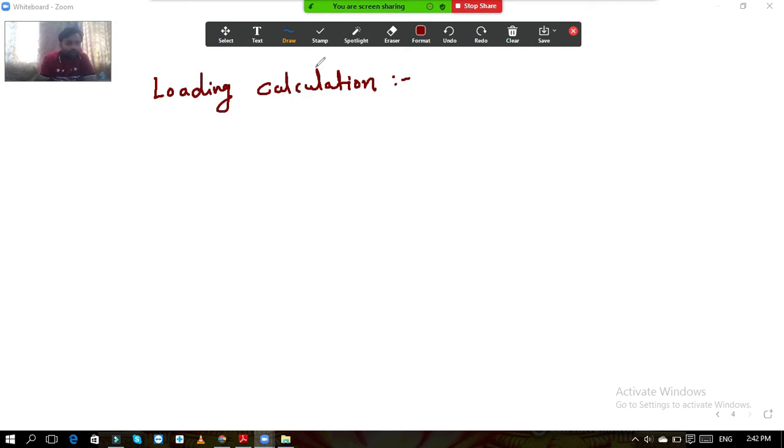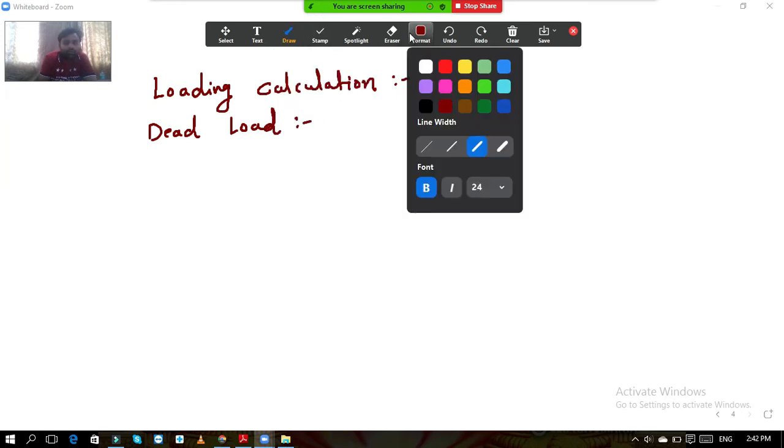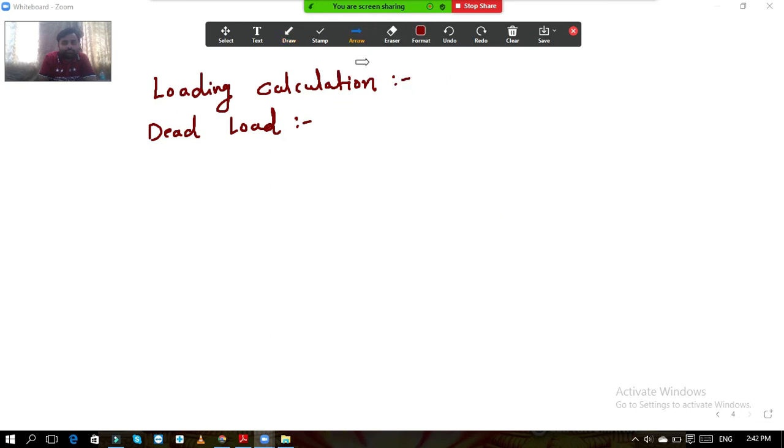So in the loading, first thing is the dead load. So we need to calculate the dead load first.